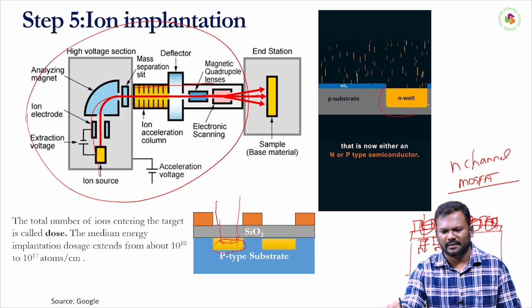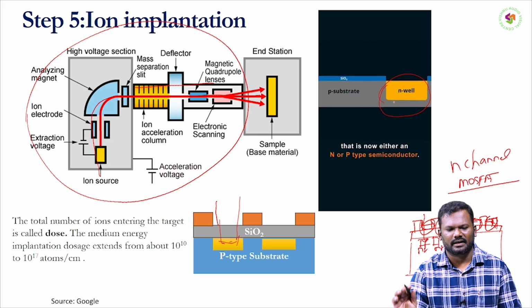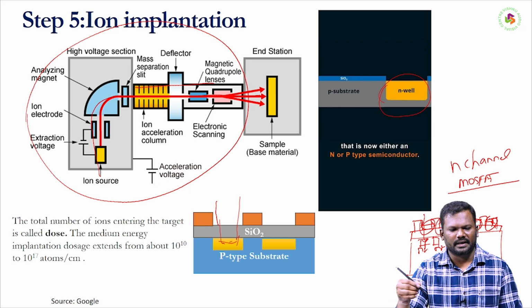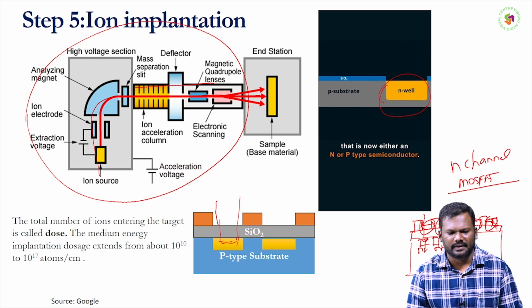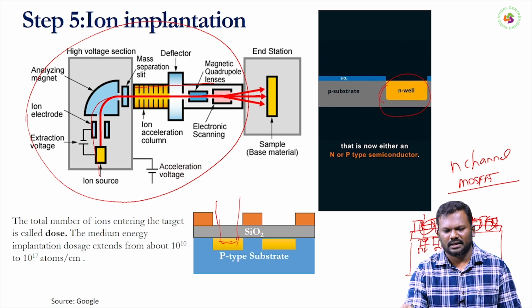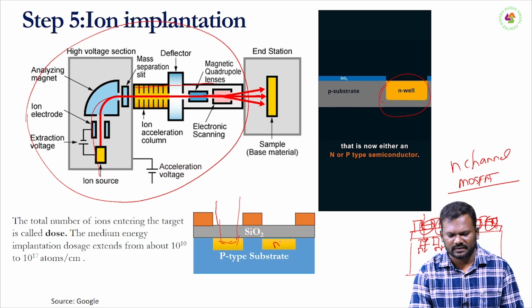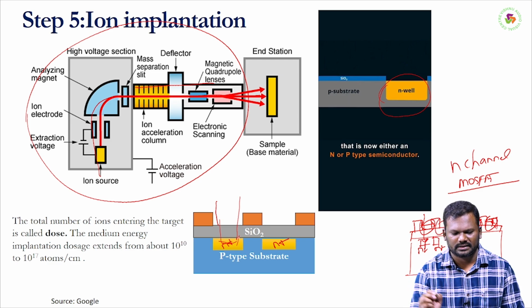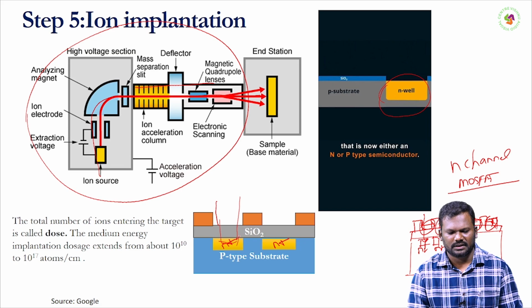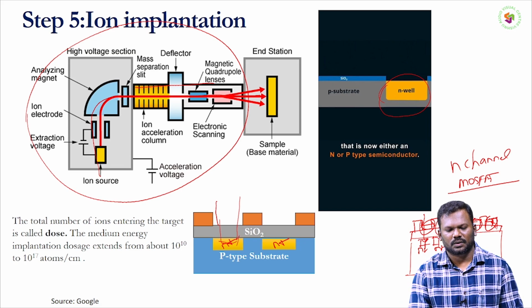If you see here, it will form the N well. So ion implantation means you are implanting the impurities inside the p-type substrate. Now I call this one the N plus region. These regions, as I told you, act like source and drain regions.